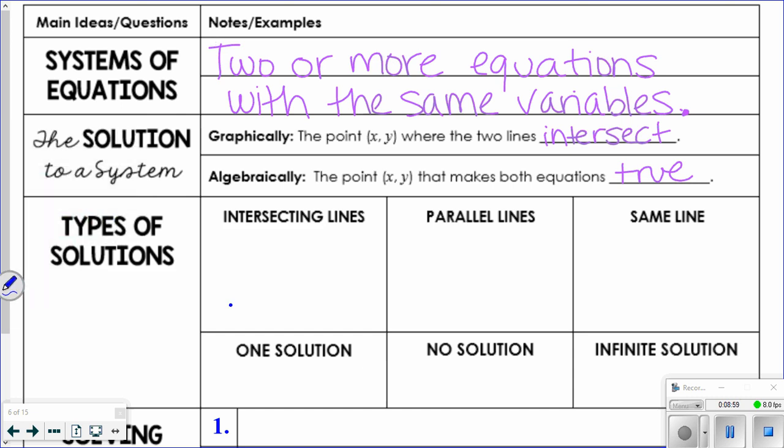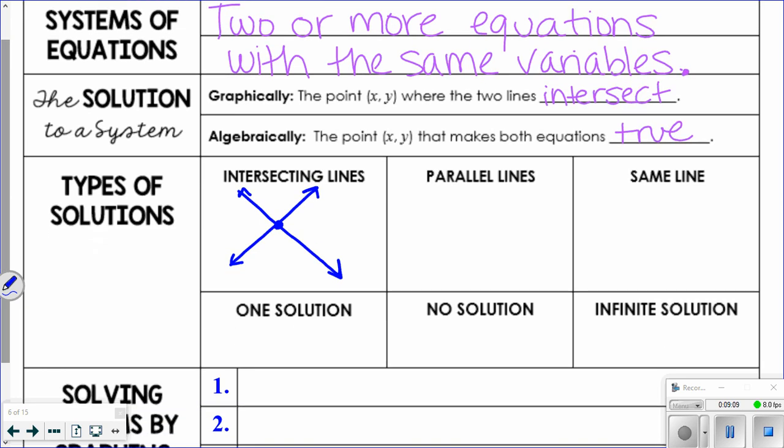So if we have intersecting lines, like this, that means there's one solution, and we write it as an ordered pair, x comma y, and that was the first example that we did. If we happen to have parallel lines, either with a positive slope, that's the example I'm going to draw, then there's no solution, and you can write no SOL, or sometimes it looks like this, no solution.